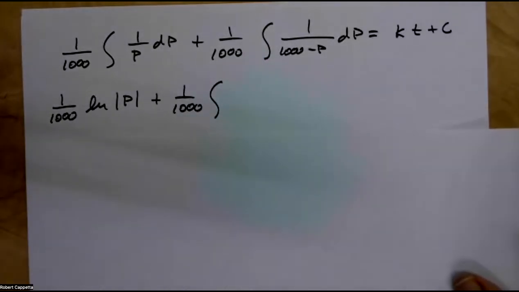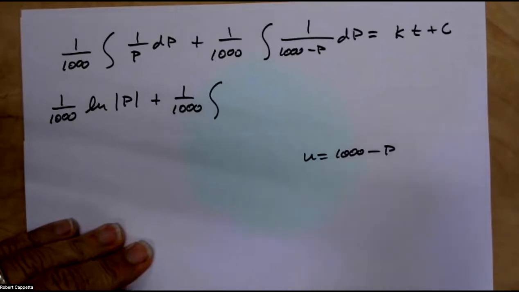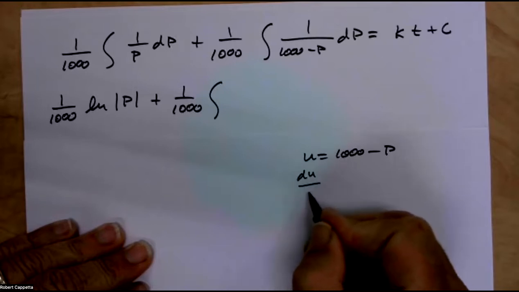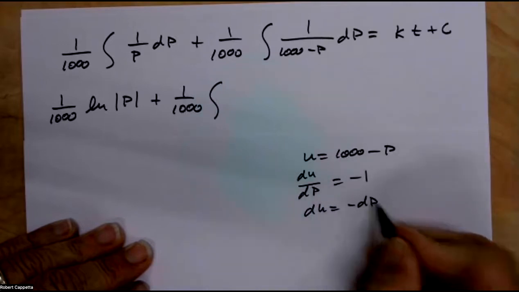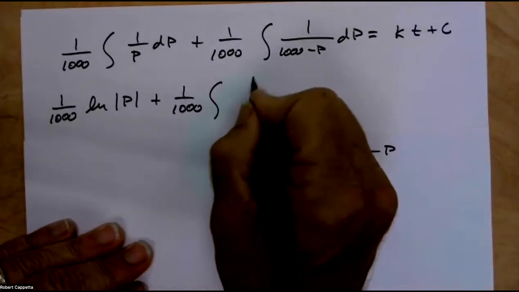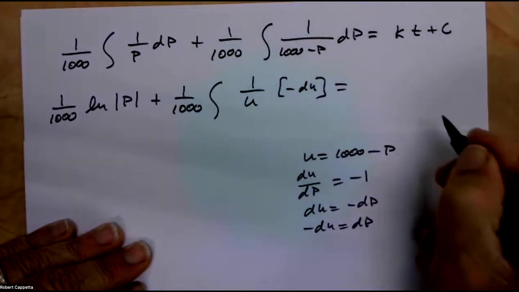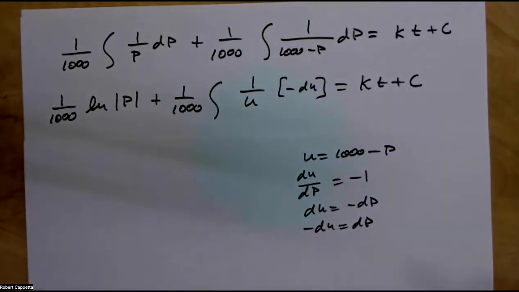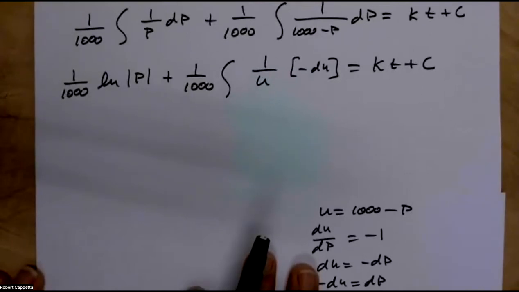Let u be 1,000 minus P. Then du/dP with respect to P is negative 1. So du is negative dP. Negative du is dP, which gives me 1 over u, and then dP is negative du, equals kt plus C. So putting this aside, where are we at?